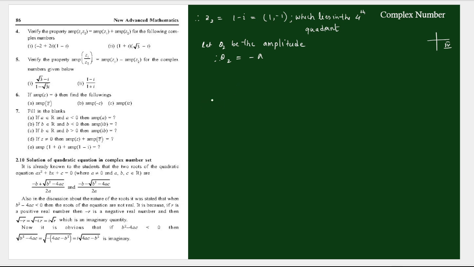Okay, minus alpha 2, कर minus alpha, यहाँ पे भी alpha ही लिख दो. Okay, we have done alpha 1.